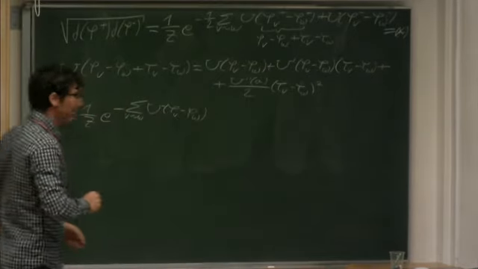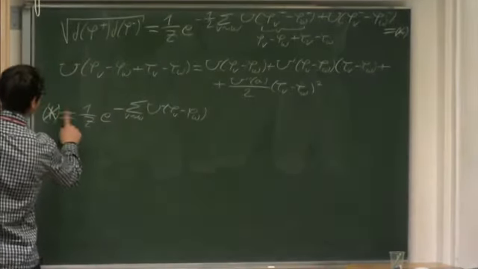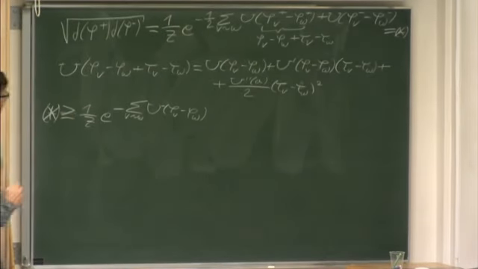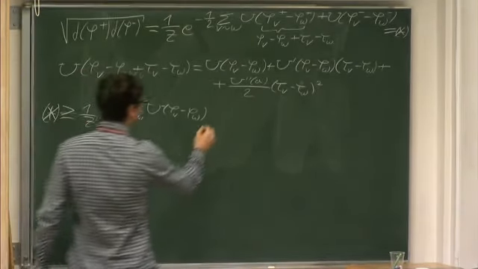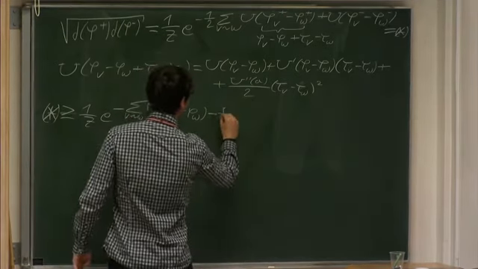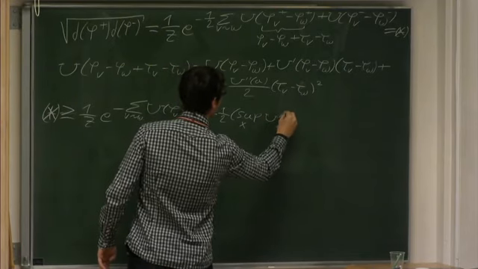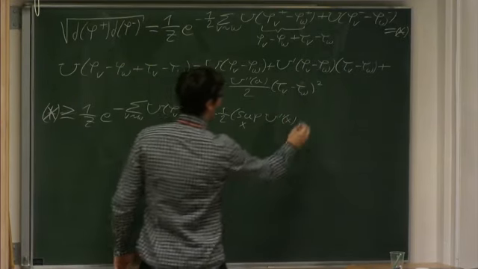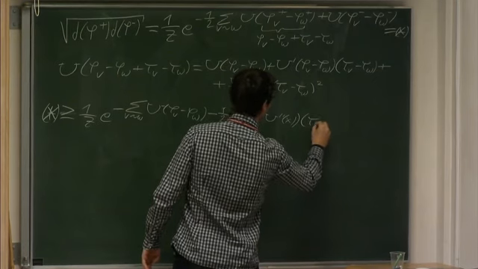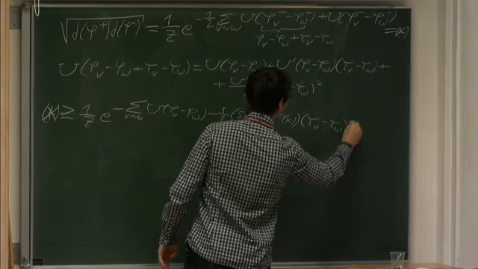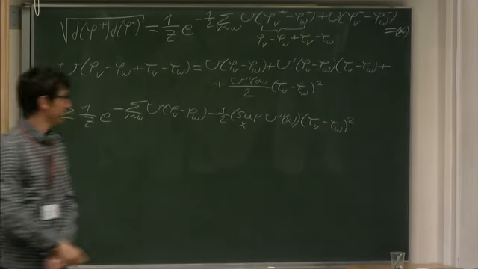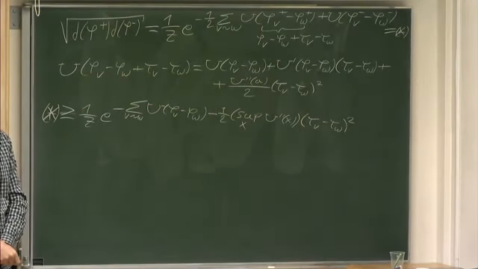And instead of writing an equality, let me write an inequality. So this is bigger or equal to, and here I might instead put 1/2 the supremum over all x of u double prime of x, and this multiplies tau v minus tau w squared, like so. So what have I obtained?